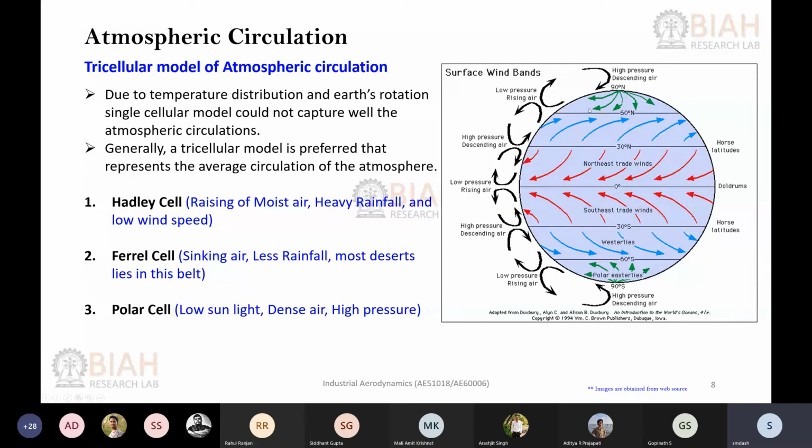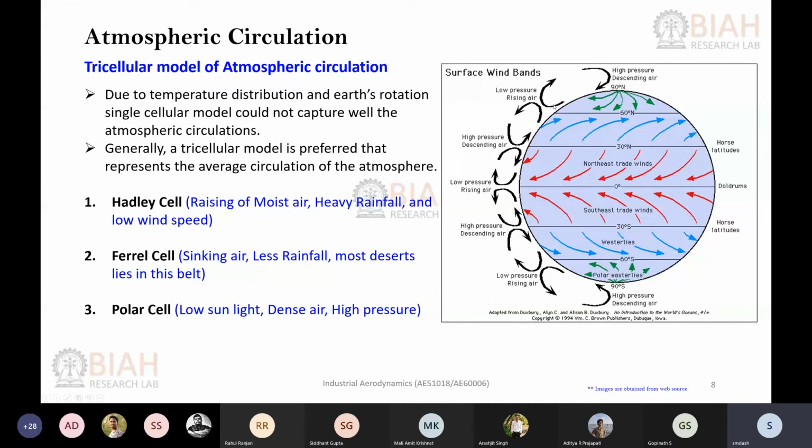Okay, and at the same time, the polar cell formation happens because at the pole you get the lowest amount of sunlight, and because of that the air is quite dense and the pressure in that region is quite large. Since the pressure in this region is large, the air will try to move down.